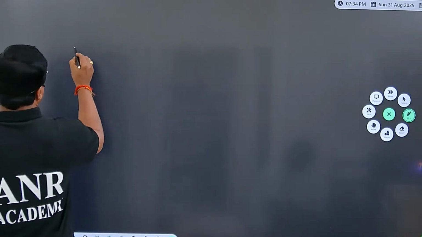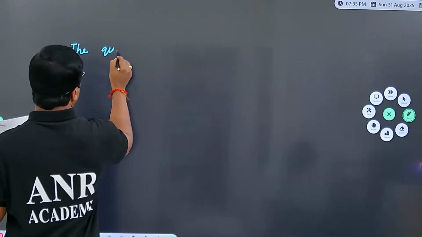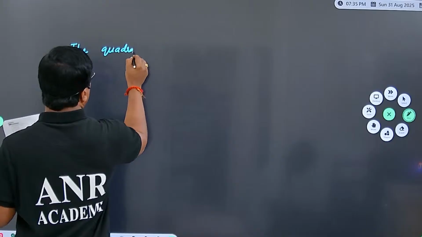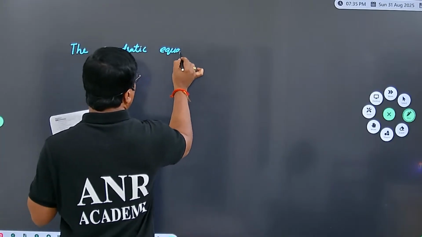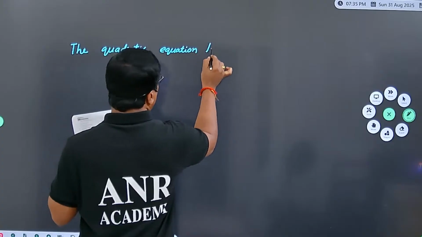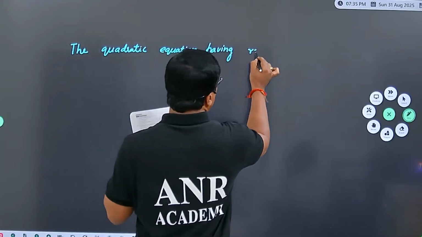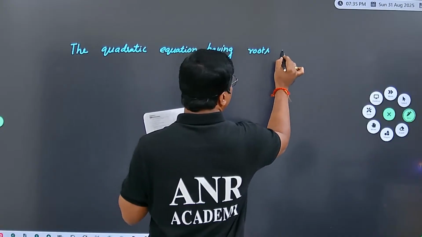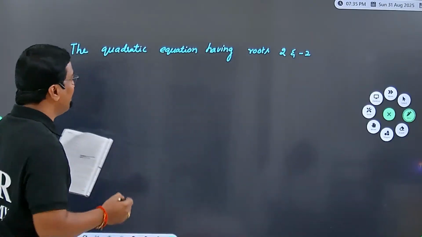Suppose the question is given: the quadratic equation having roots 2 and minus 2. Options are given.